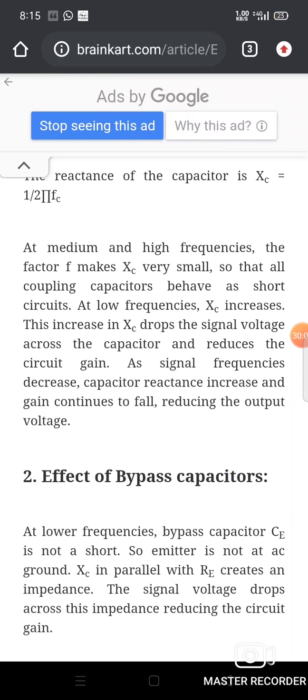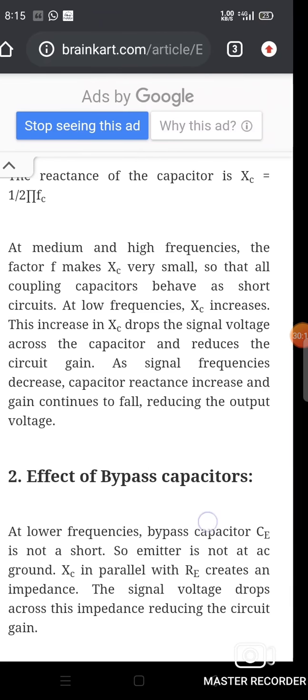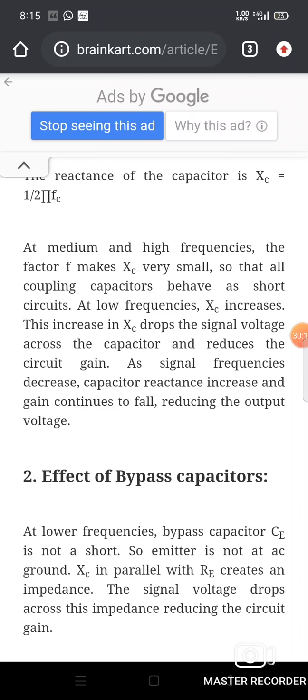So Xc in parallel with RE creates an impedance. The signal voltage drops across this impedance, reducing the circuit gain. This point I already explained for the emitter capacitor, that is CE.